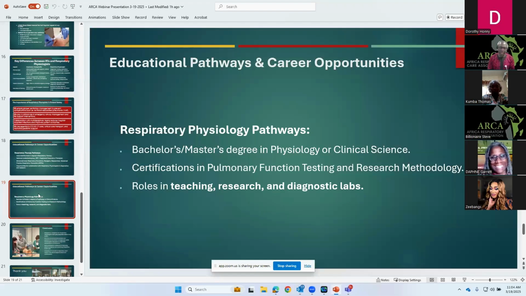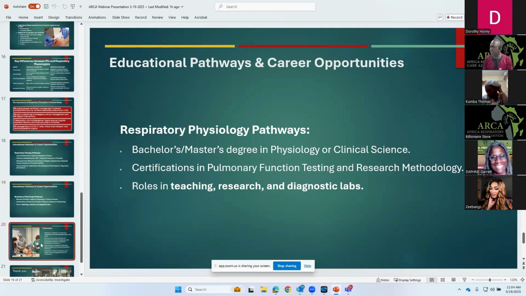They could be a certified pulmonary function technologist, or a registered pulmonary function technologist. And a respiratory physiologist, if they want to advance, could be in a teaching role, or in research where they help conduct clinical research.